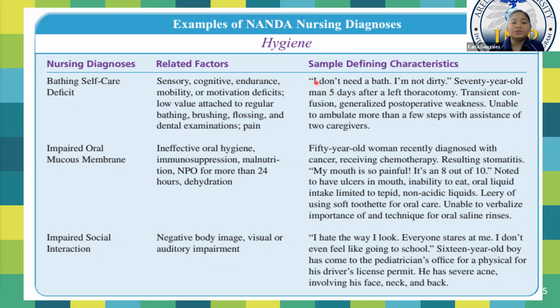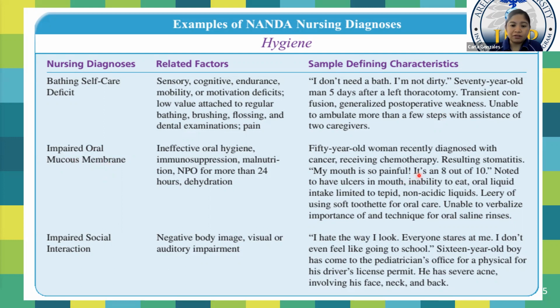So your subjective data would be the response of the patient, and then your objective assessments would be the post-operative weakness and inability to ambulate. Same thing with the other nursing diagnosis.